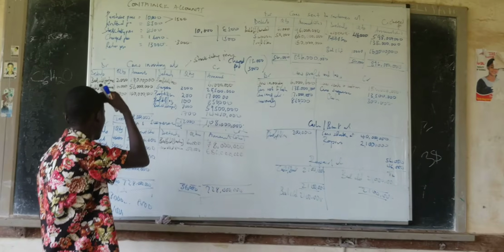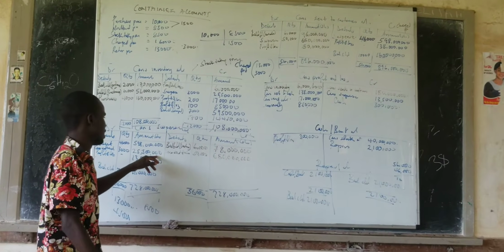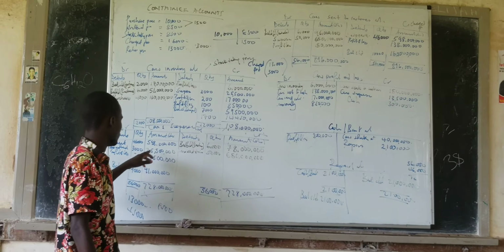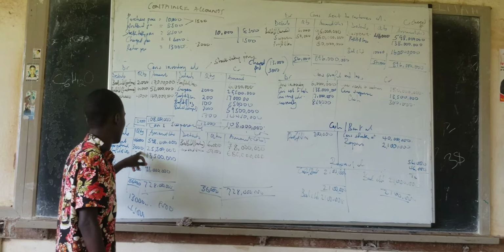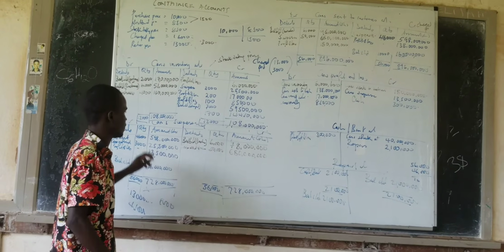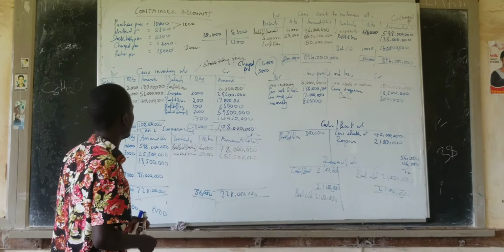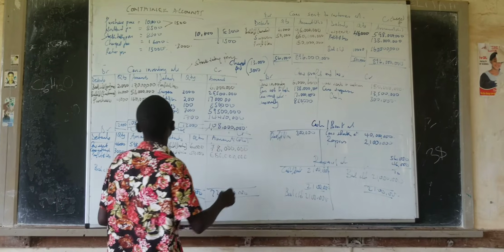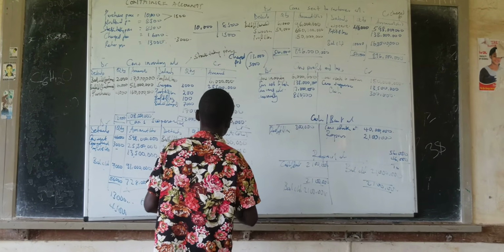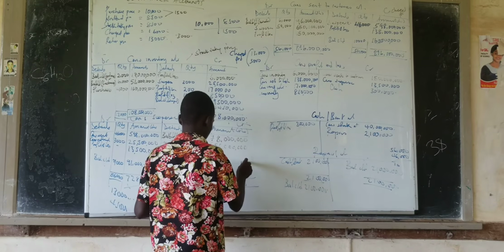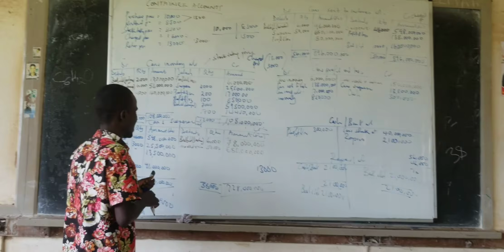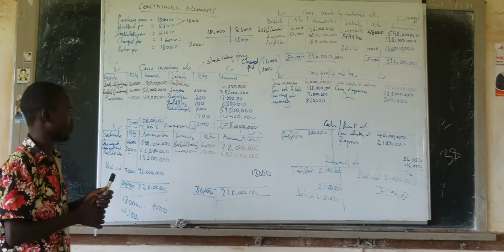If they didn't return them, we assume these customers are taking them, which is 3,500 times the return price, which is 13,000. Our return price is 13,000.